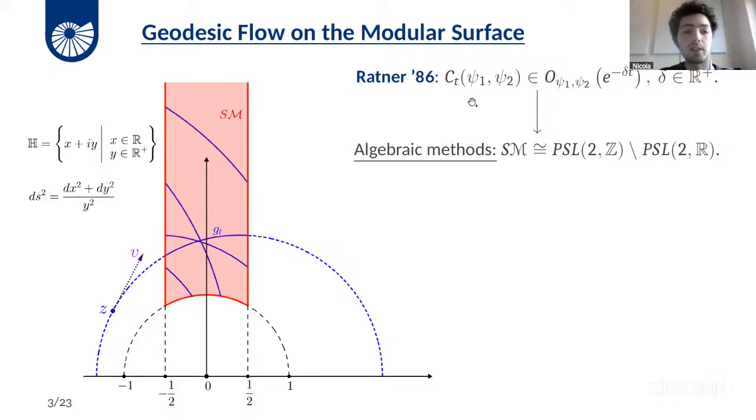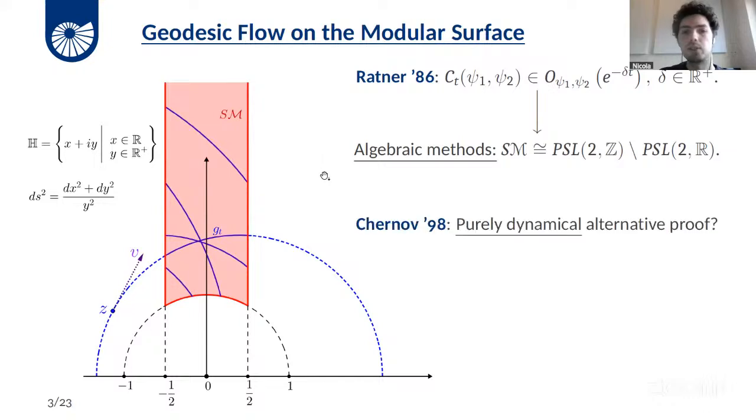She exploited the nice algebraic structure of the unit tangent bundle of the modular surface. Then 12 years later, Chernov raised a point: can we show the same results using a purely dynamical proof? Indeed, this would highlight the intrinsic dynamical properties of the system, rather than focusing on the special algebraic environment, possibly leading to generalizations.